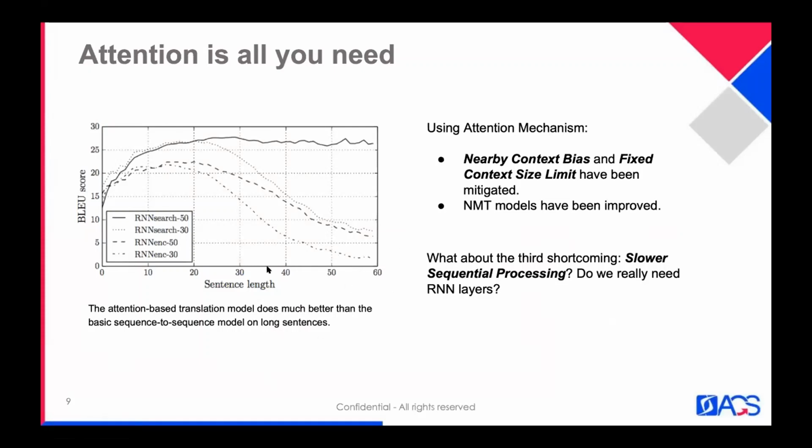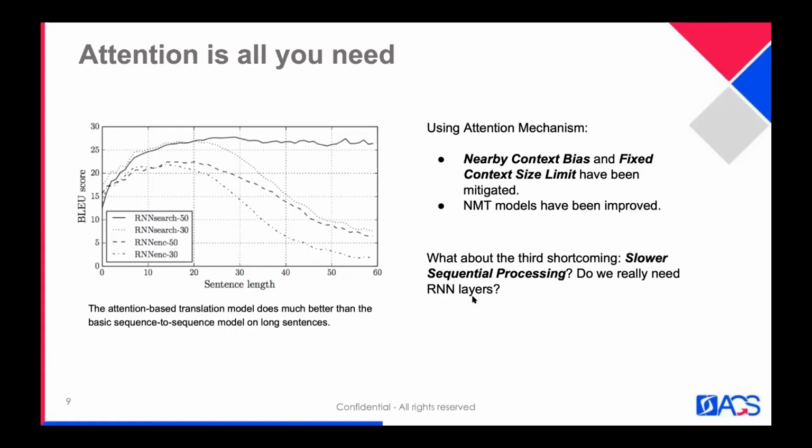But we still have the two problems that I mentioned before for very long sentences, like 100 or maybe 1000 words in a sentence. And we also have the third shortcoming, the sequential processing.